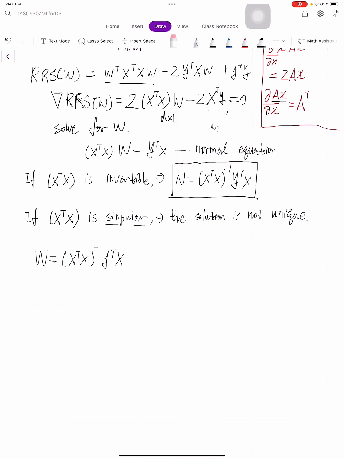Okay, good. So therefore here, we also need to change to X transpose Y. So here we also need to change to X transpose Y. Okay, so same thing here, X transpose Y.